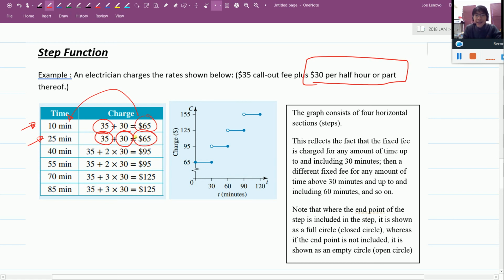So it would be very unfair if I'm an electrician doing a job for 35 minutes, because half an hour is 30 minutes and that's 5 minutes extra, which means I need to charge an extra $30.